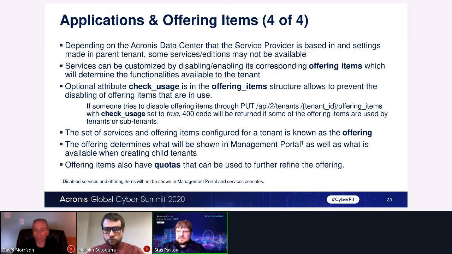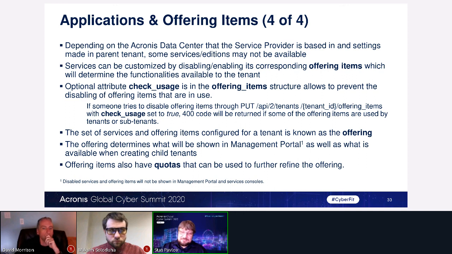Okay, moving back. We have these application offering items, and we have a list of them, and we even introduced, let's say last month, the possibility to set settings to prohibit disabling offering items if you use them.